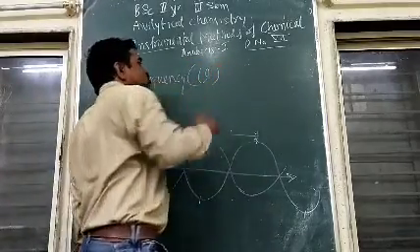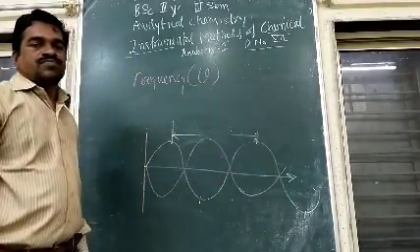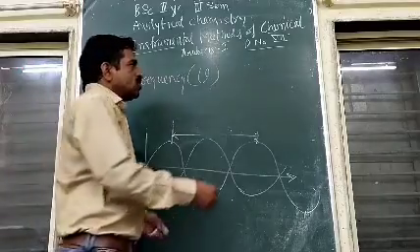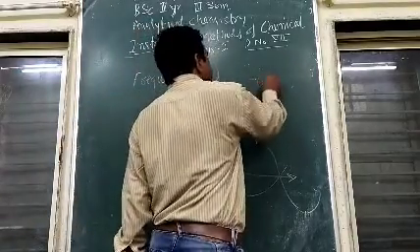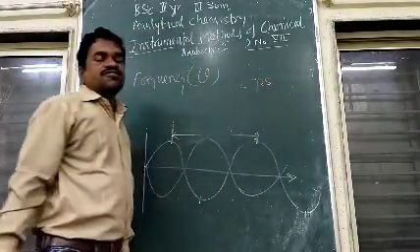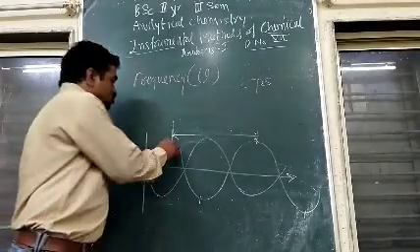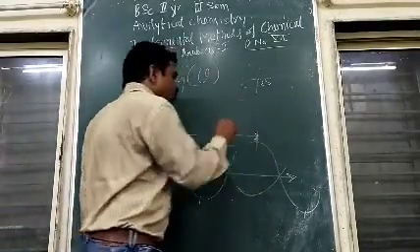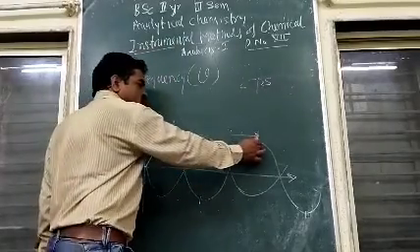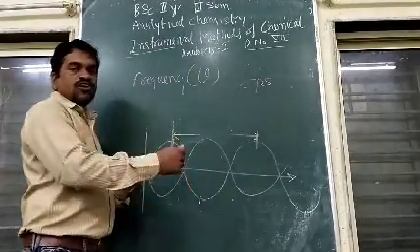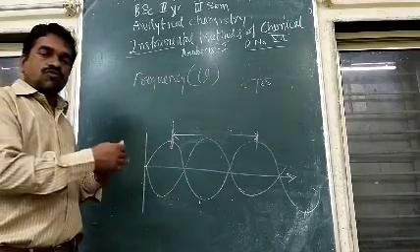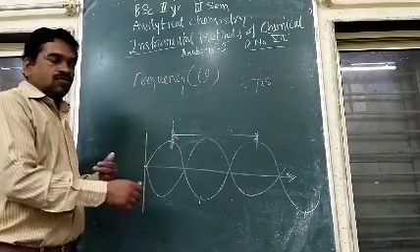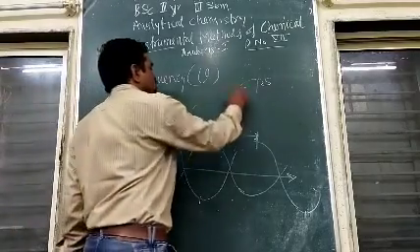Now, what should be the units of frequency? In simple terms, we call it CPS, cycles per second. When a wave travels from this place to this place, it is called one cycle. Suppose this is a circle.